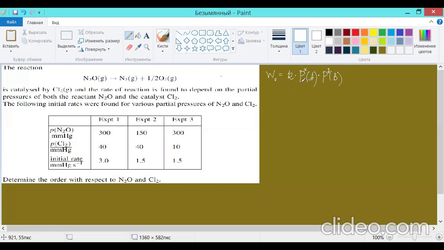So let's write the first kinetic equation based on the findings obtained from the first experiment.